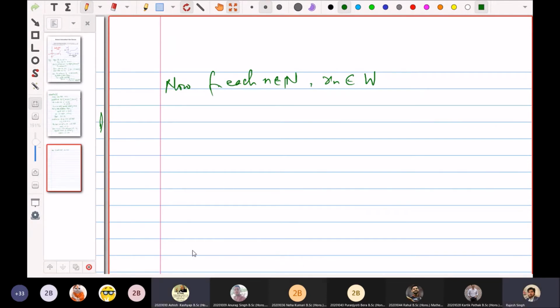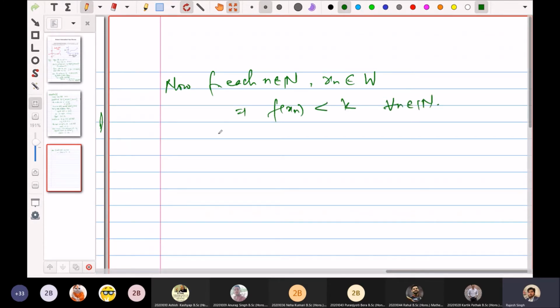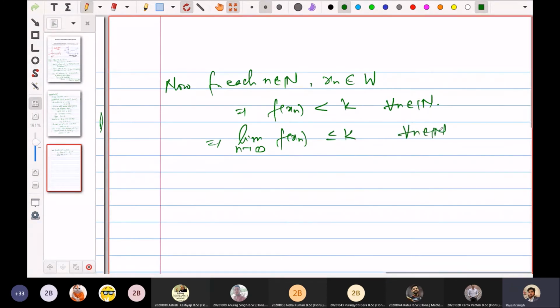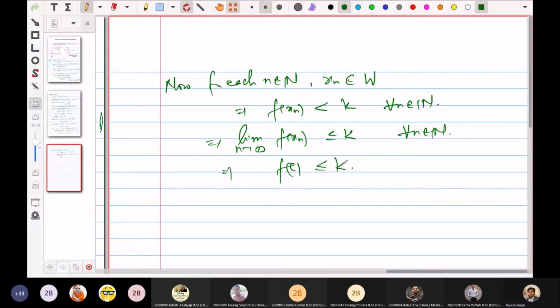So this implies f of xn will be less than k for all n belonging to N. So this implies limit n tends to infinity, f of xn is less than or equal to k for all n belonging to N. So this implies f of c is less than or equal to k.